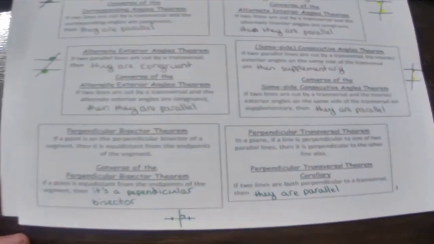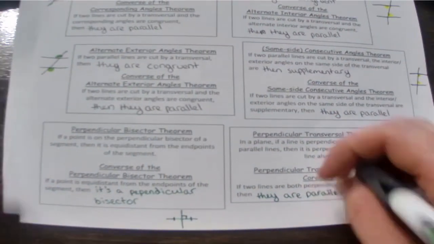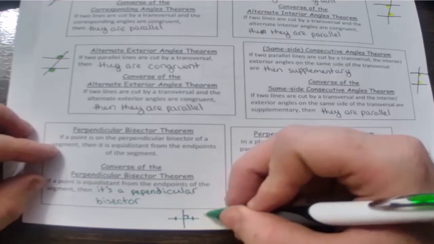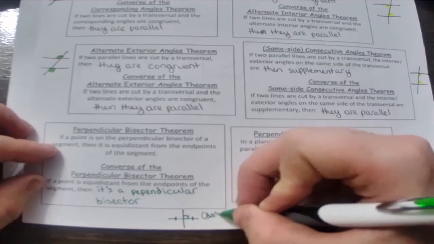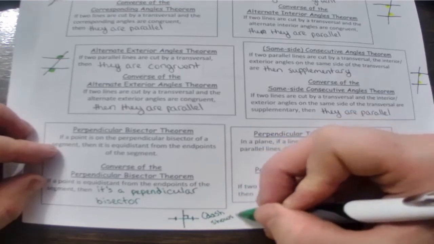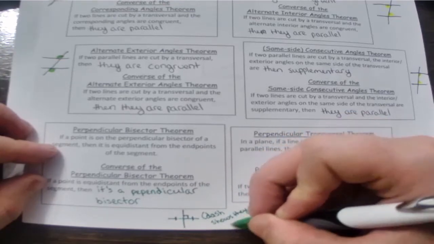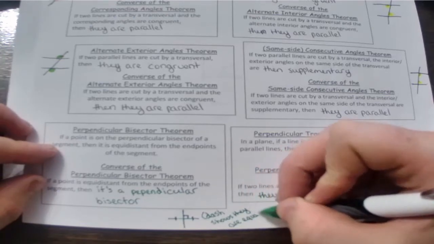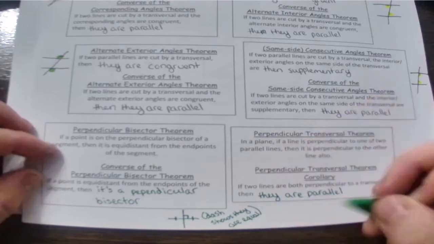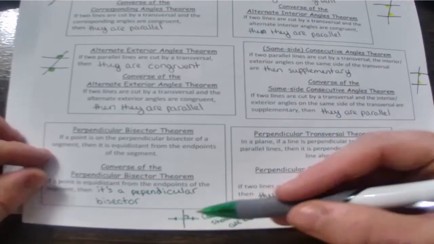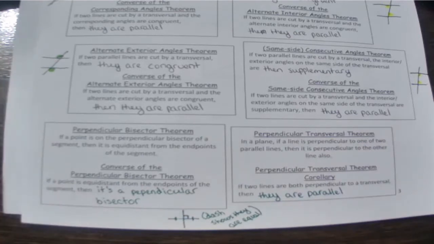So whenever you see a dash, a dash shows they are equal. So that's something you would want to know, that if you ever see the dashes, so these both have one dash, so I know they are equal to each other.